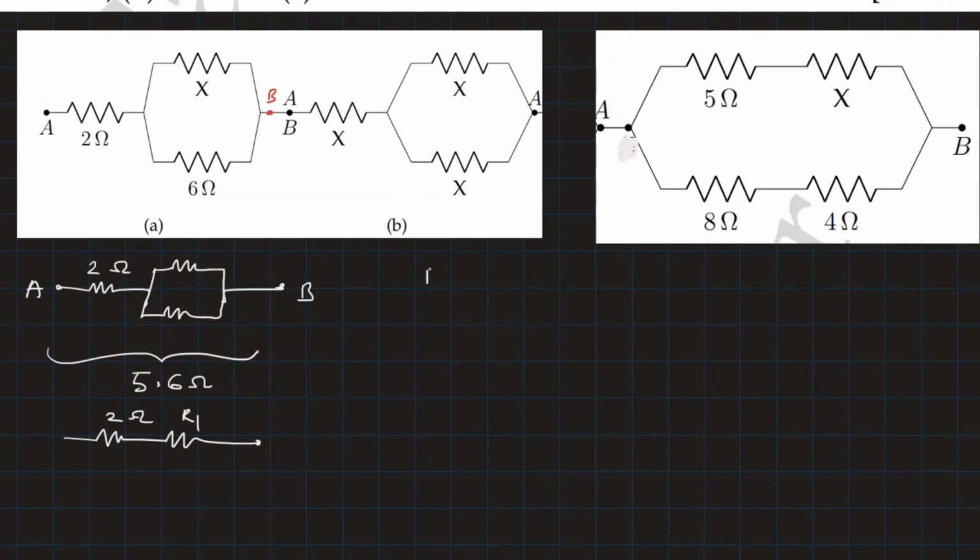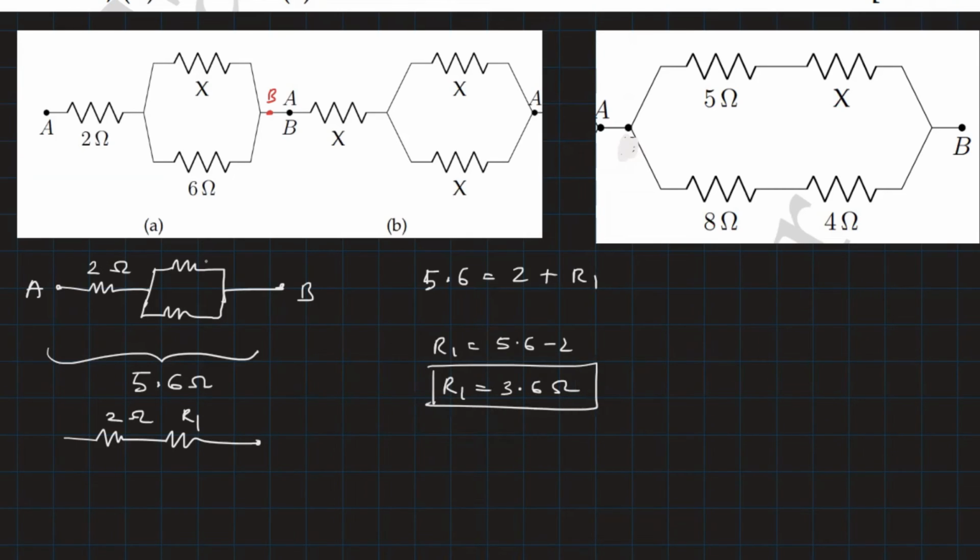So how should I write it? I will write this as 5.6 is 2 plus R1. So R1 is 5.6 minus 2, and R1 will be 3.6 ohm. But what is R1? R1 is the resultant of these two in parallel. Therefore, 1 upon R1 is 1 upon X plus 1 upon 6.